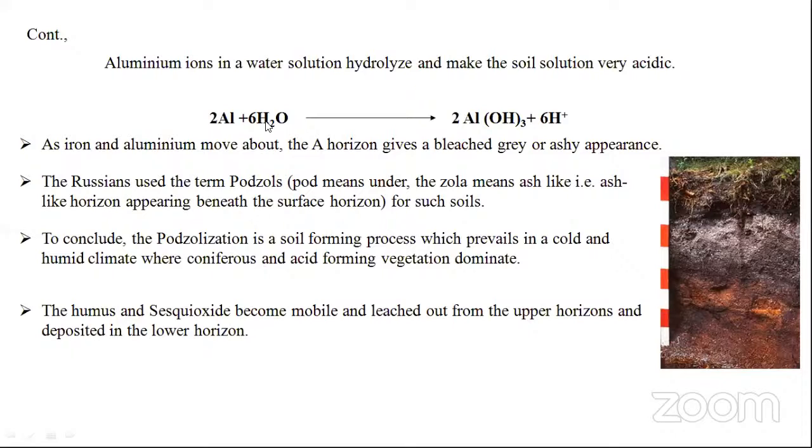Hydrolysis means, you can see here, aluminum and H2O. Water dissociates into H plus and OH, so aluminum hydroxides are coming and H plus ions are released. This reaction is called hydrolysis. You can see some splitting of water molecules here. This is the reason for the name.